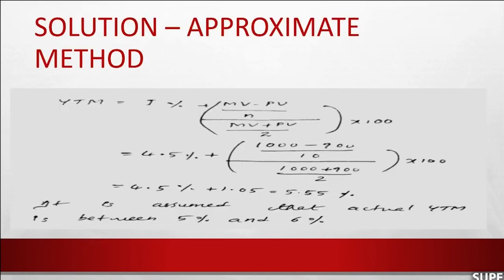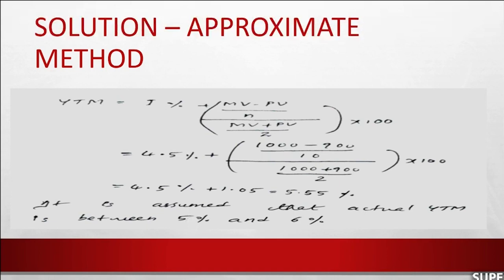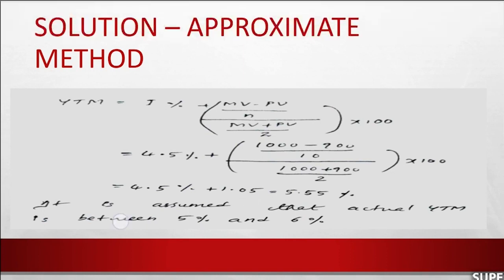First of all, we have calculated the approximate YTM by using the approximate method. Then we assumed that the actual YTM lies between 5% and 6%. So by using the trial and error method, we are going to calculate YTM by using the semi-annual interest method.